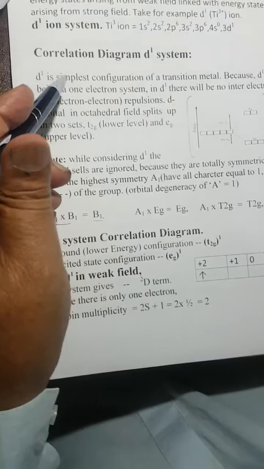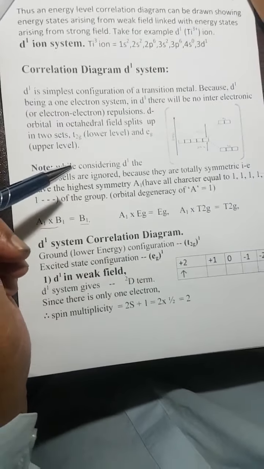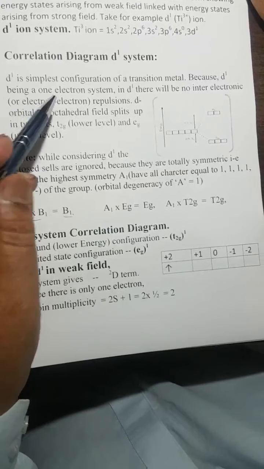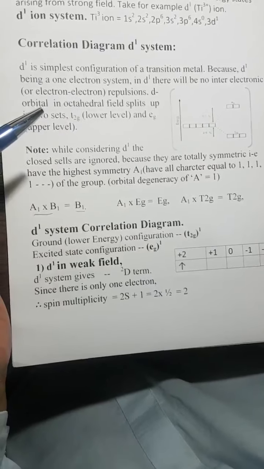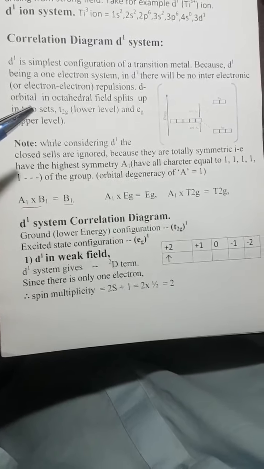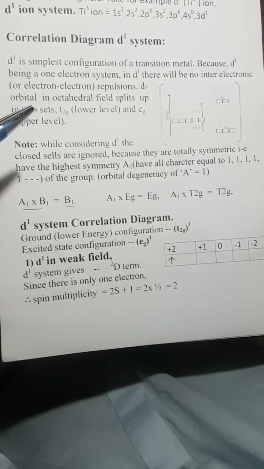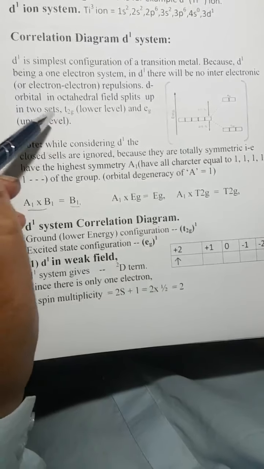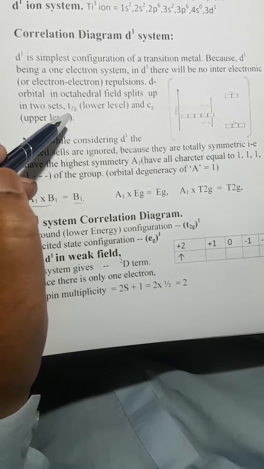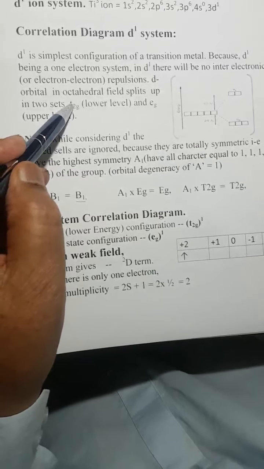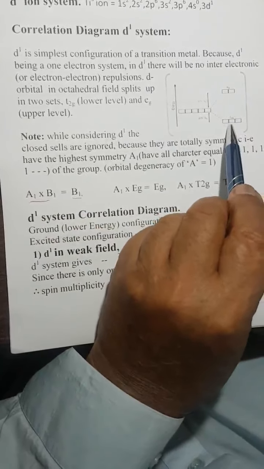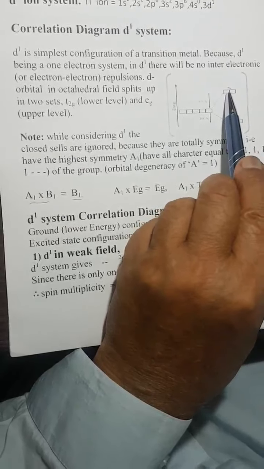D1, of course, is the simplest one, and there should be no interelectronic repulsions in it. So when we put D1 in octahedral field, we will get T2G, low energy, and EG, high energy.